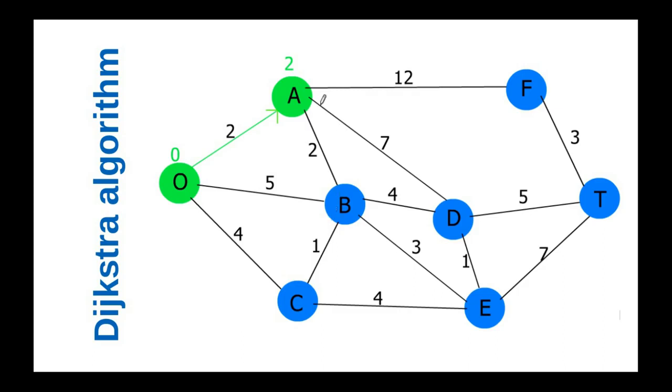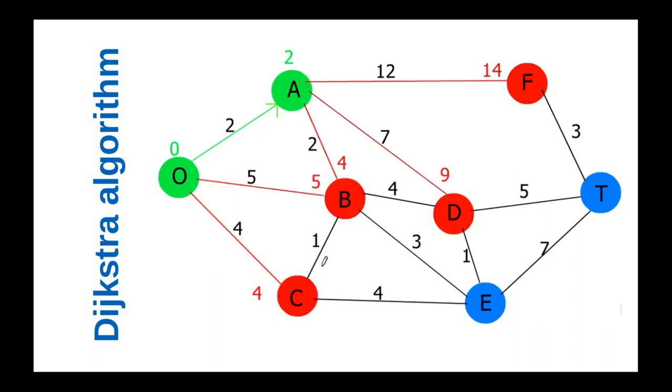So we have this. Now let's check the neighbors of A. Which are the neighbors of A? B, D, and F. But the Dijkstra method implies not to forget about the previously considered candidates. As you can see here, you remember we have a 4 in here, we have a 5 in here, here we had a 2, and now we have a 4 in here.